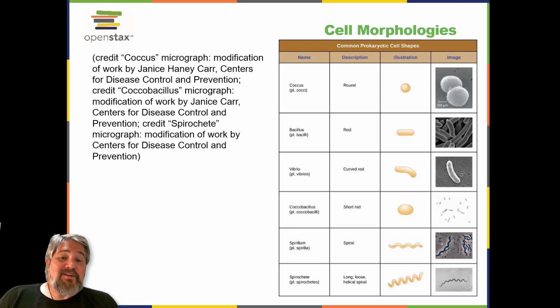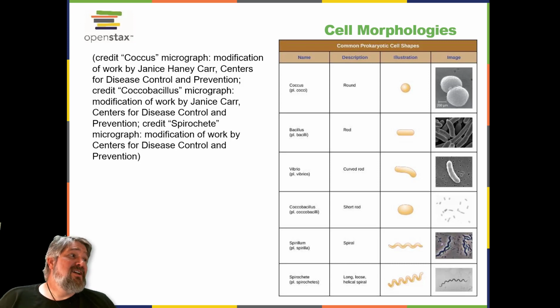This figure names and illustrates cell morphologies commonly found in prokaryotic cells. In addition to cellular shape, prokaryotic cells of the same species may group together in certain distinctive arrangements depending on the plane of cell division. Some common arrangements are shown in the following figure. Well, after the cell morphologies.